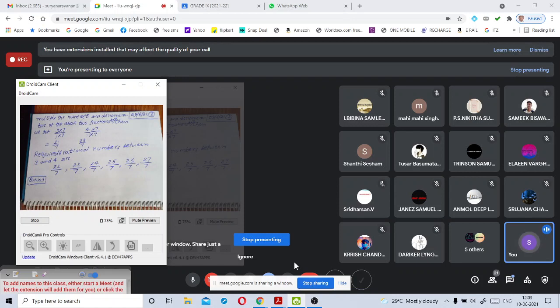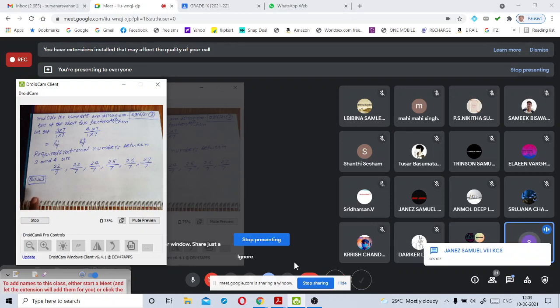Keep your textbook aside. Write the question, and after that, copy these answers. Please follow this instruction carefully.